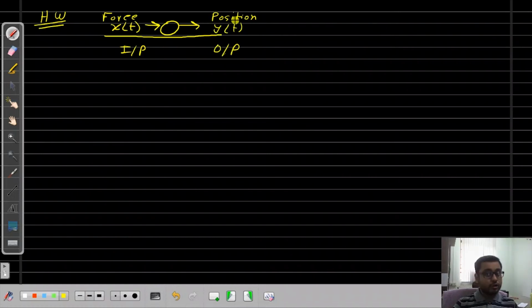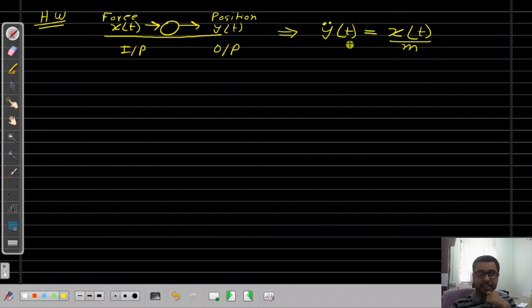Not acceleration, not speed, we are considering position to be the output. Okay, so this is a slight modification of the previous system. And for this case, we can write the second derivative of the position, which is the acceleration, that will be same as the force divided by mass.